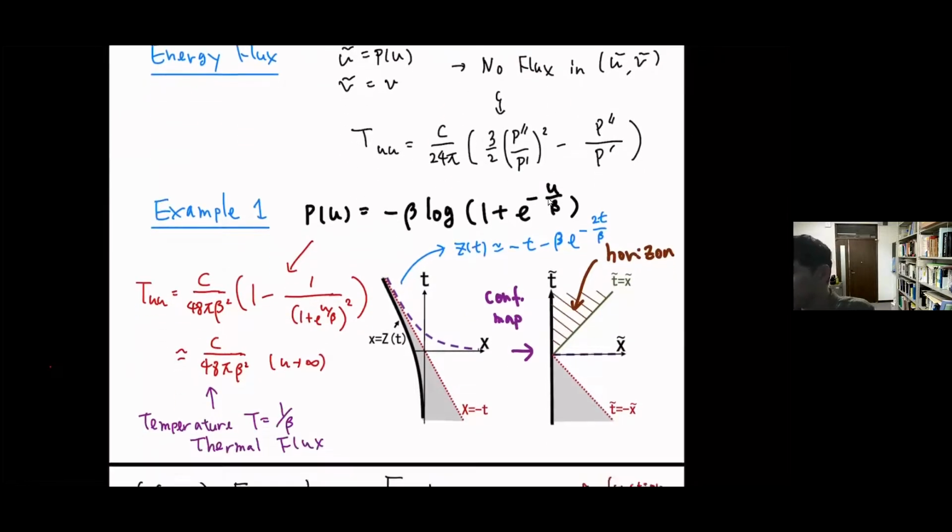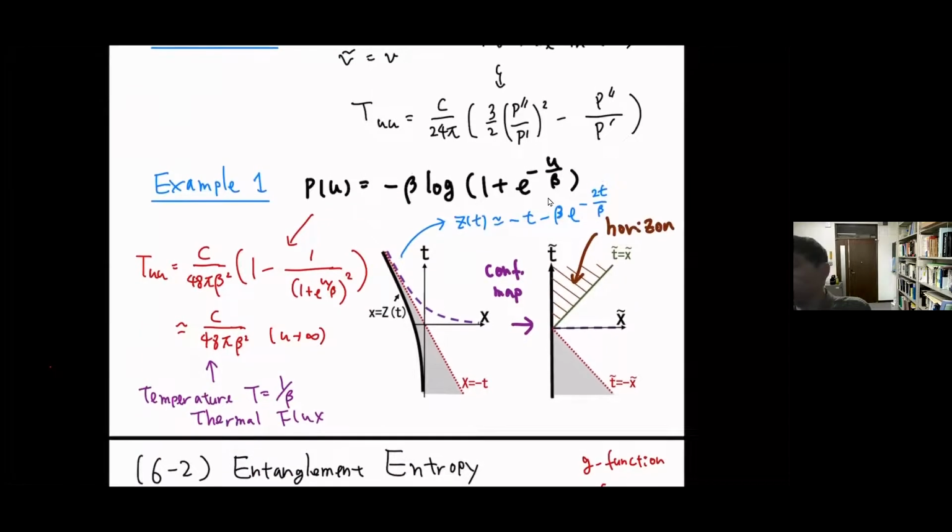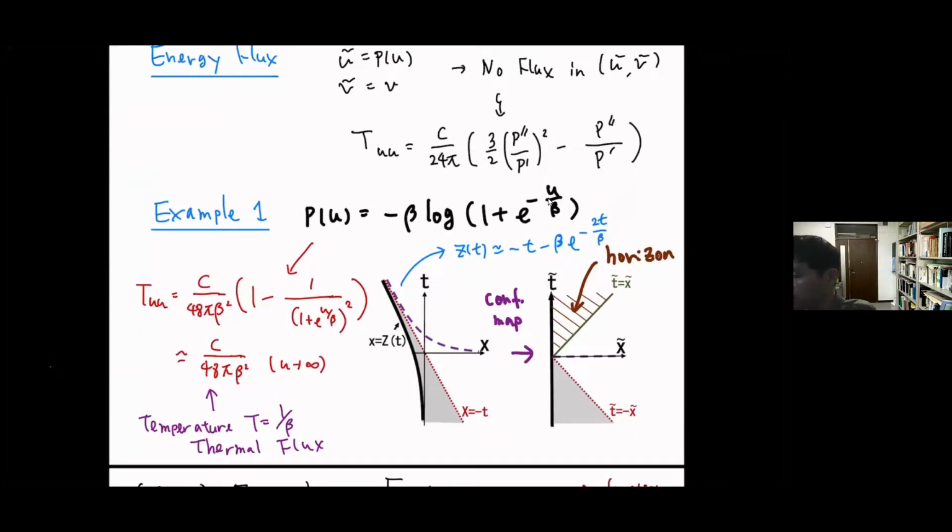We are particularly interested in an example with this profile. The reason we chose it is that it is analogous to a black hole setup. The mirror is initially at x equals 0, but suddenly accelerates and approaches the light cone x equals minus t.